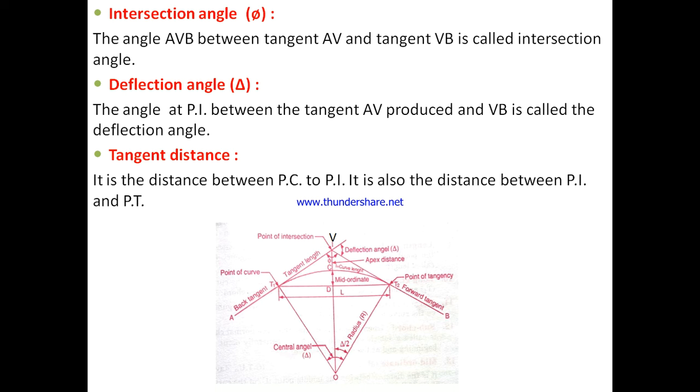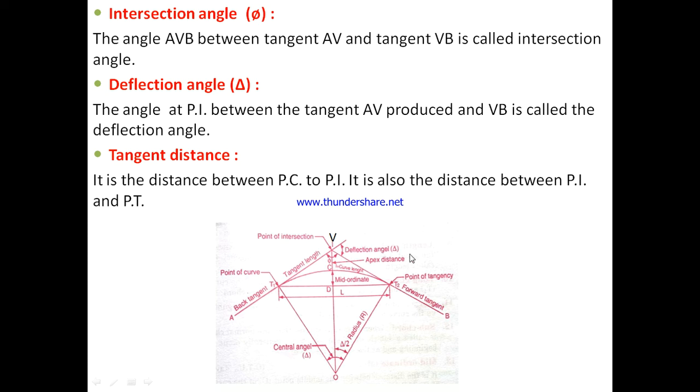The next one is deflection angle, that is delta. The angle at the point of intersection between the tangent AV produced and VB is called the deflection angle. This is the line AV produced, and VB. So this angle is called the deflection angle delta.